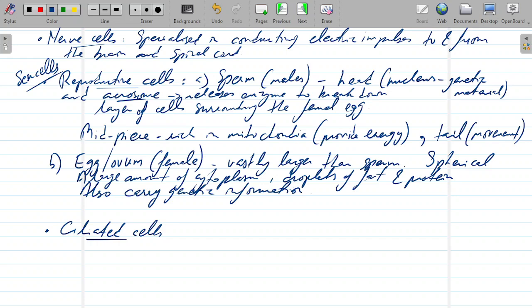The reason why the mitochondria was highlighted in the sperm is because they've got this region called the midpiece, which is very rich in mitochondria. The egg cell is not actively moving. The sperm actually has a tail that moves like a rotor and makes it go forward. So that requires a lot of energy, so there's much more mitochondria in the sperm cell. That's why it was specifically mentioned.